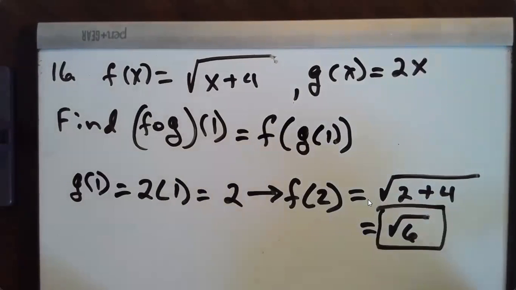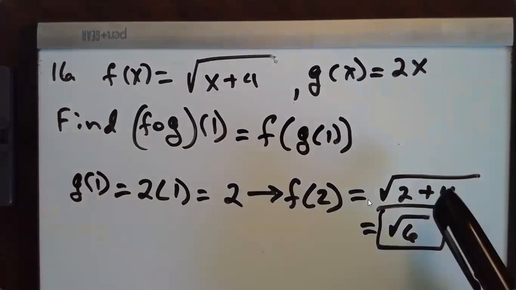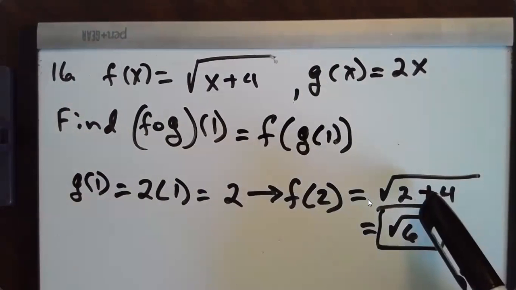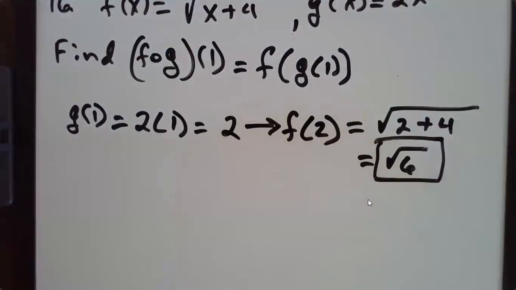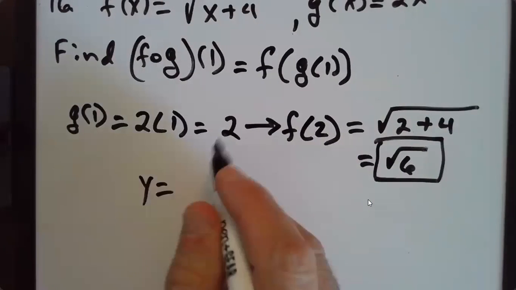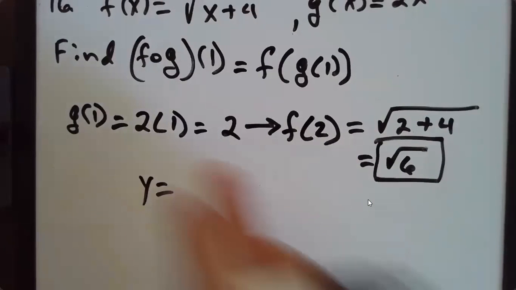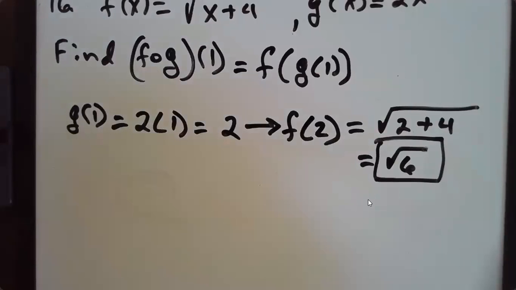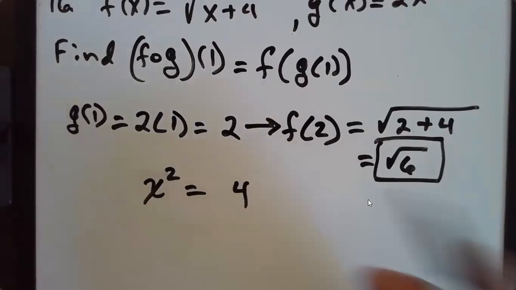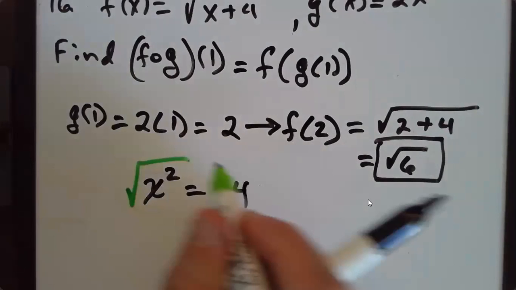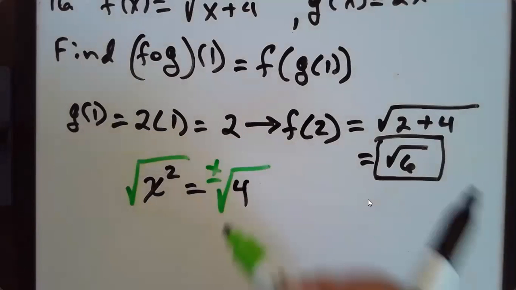Why wouldn't you put plus or minus? Good question. Because when you start with a square root, you don't put plus or minus. But when you solve, for example, let's say we had x squared equal to 4, an equation, well, now we apply the square root, and now we put the plus or minus.